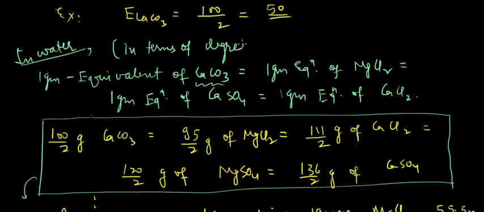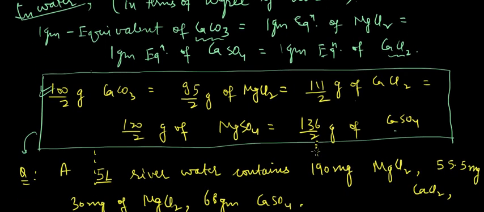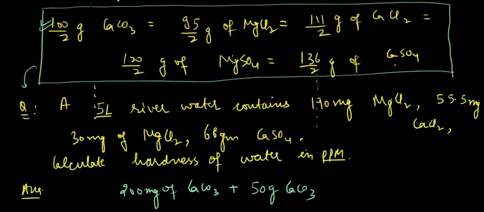When you have to calculate the degree of hardness with respect to any substance, you can equate the given mass to the mass of the substance with respect to which you have to calculate the degree of hardness. In this case, you calculate the degree of hardness of all these substances with respect to CaCO3, so you compare the mass of each compound with the compound used for the calculation, which is CaCO3.